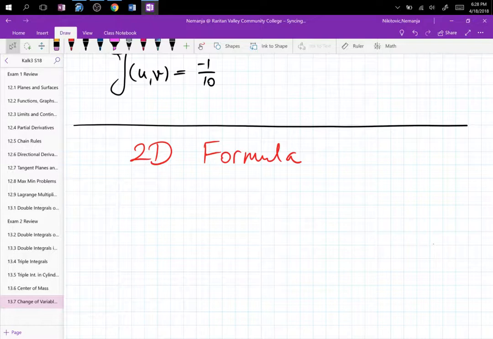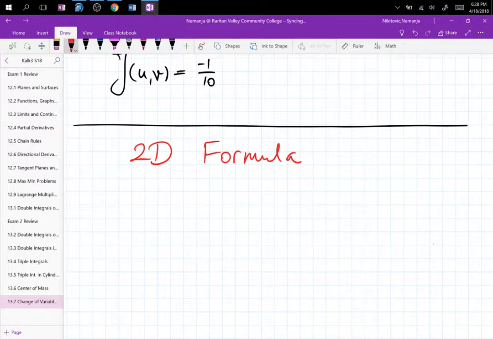All right. So let's take a look at the transformation formula for 2D. And then we're just going to write the same thing later for 3D as it emerges.